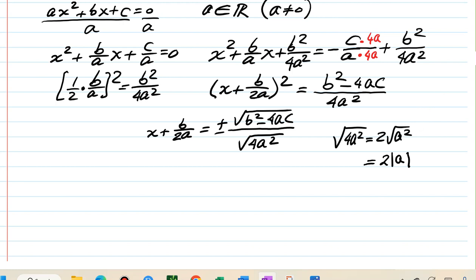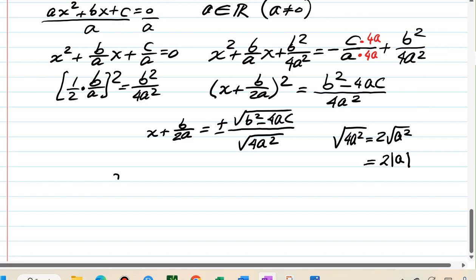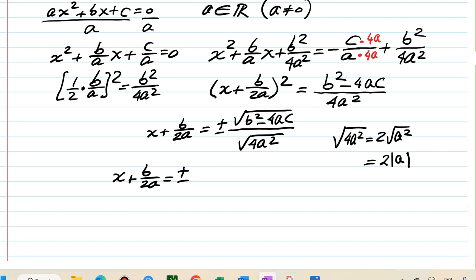So in order to guarantee we have a positive principal root, I need to have the absolute value of a here. So x plus b over 2a is equal to, and I'm going to write this as plus or minus the square root of b squared minus 4ac over 2 times the absolute value of a.